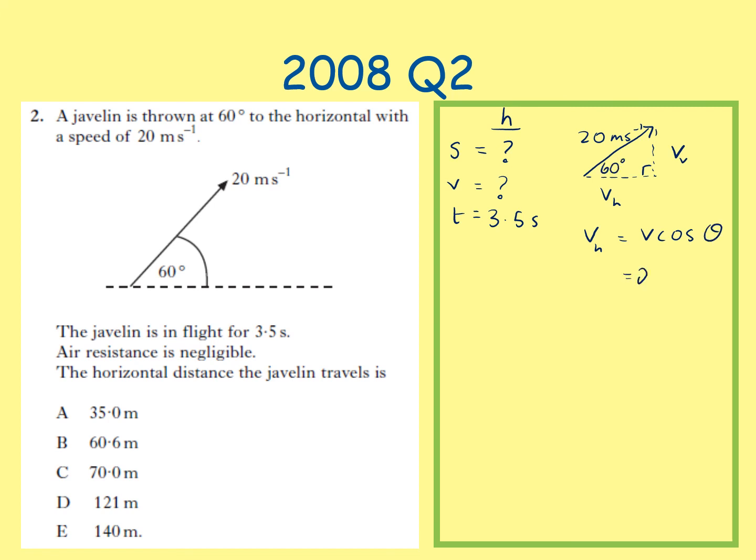So this is equal to 20 times cos 60, which is equal to 10 meters per second. We can put this into the values that we know now and use this to work out our horizontal distance. So s equals vt, which equals 10 times 3.5, which equals 35 meters. This corresponds to answer A.